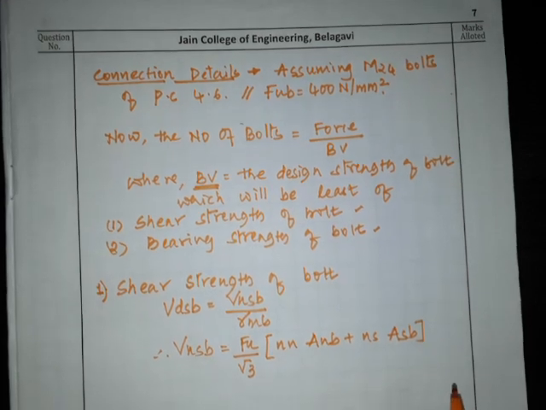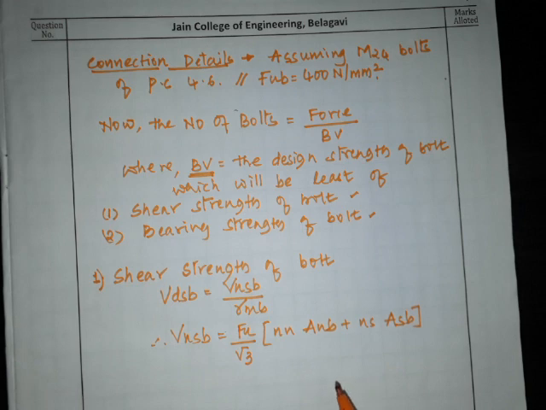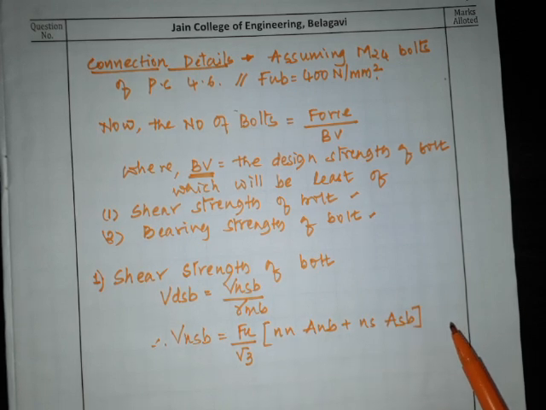Here, as I told you, ANB stands for the area of the threaded part and ASB stands for the area of the shank portion of the bolt.